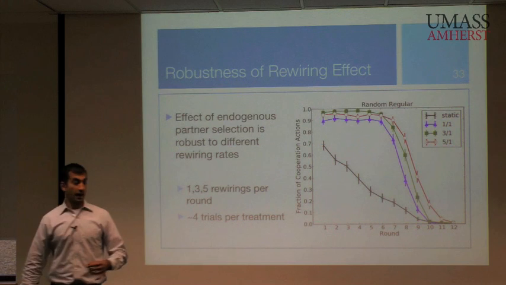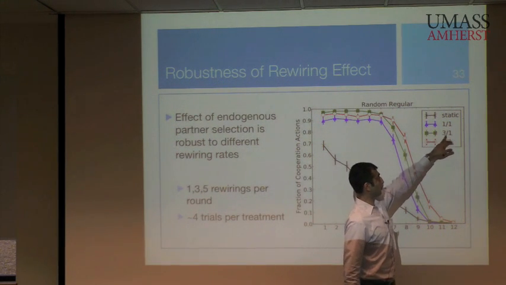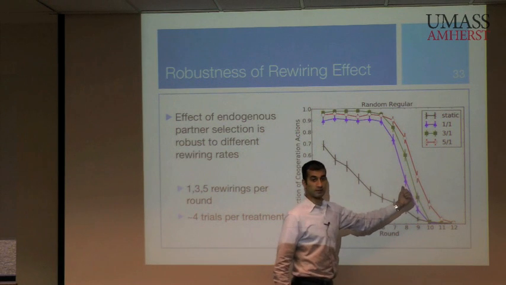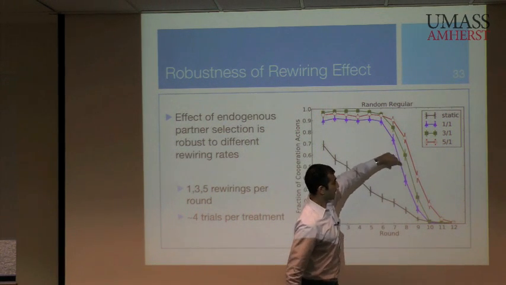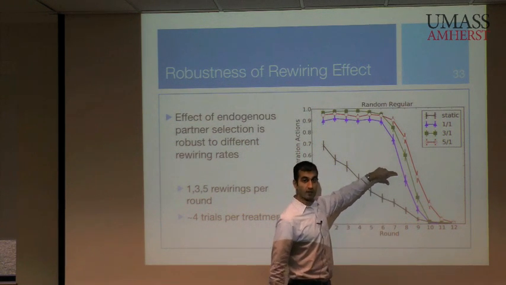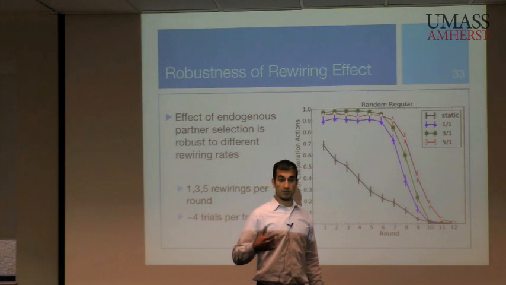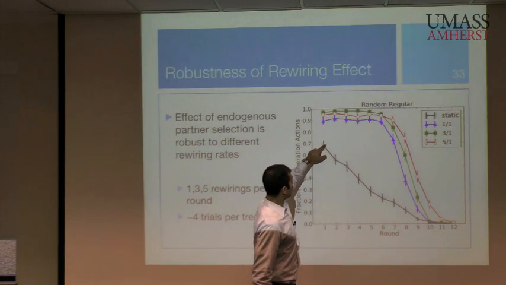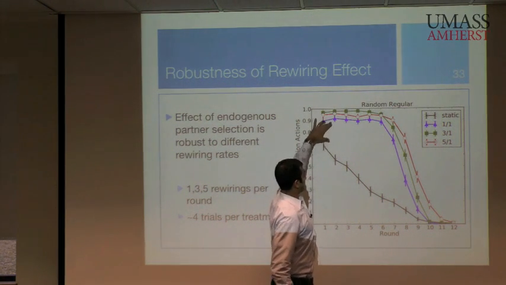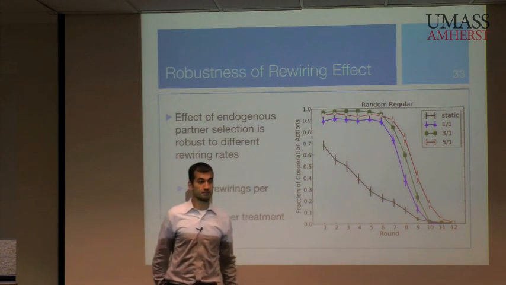Every 3 rounds, like 1 rewiring every 3, 3 every 3, 5 every 3, doesn't look terribly different. This is just shifted a little bit to the left because it's aliased every 6 rounds. And then for 1 rewiring every 6 rounds, 3 rewirings every 6 rounds, 5 rewirings every 6 rounds, it kind of looks halfway between static and these. Does that make sense?